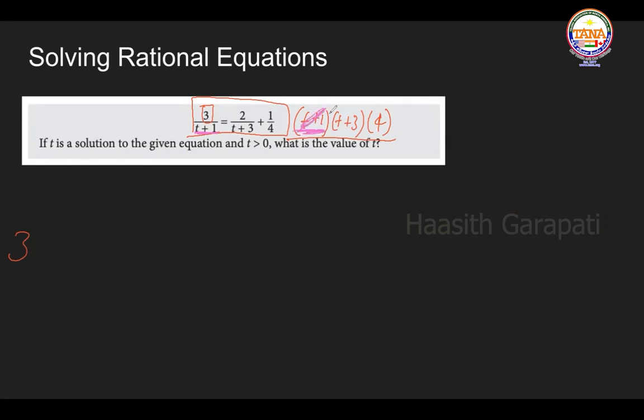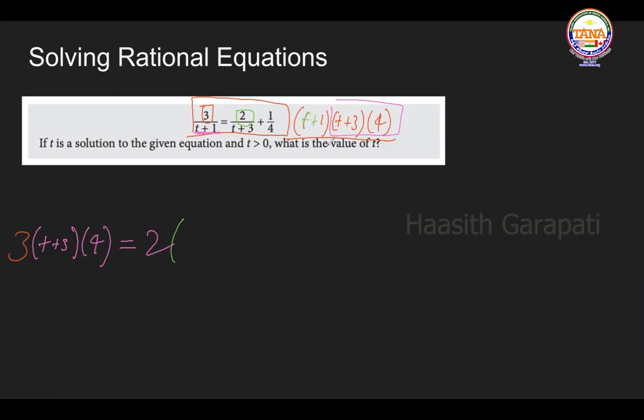So we are left with t plus 3 and 4 on top as the numerator. So t plus 3 times 4, that's going to be the first term. And this is equal to, we have 2 as the numerator. 2 times what?